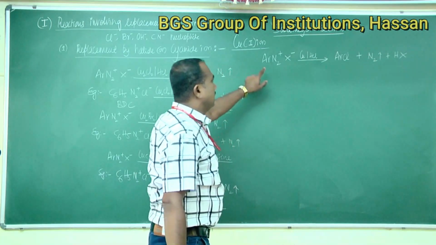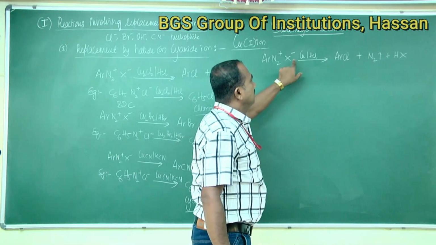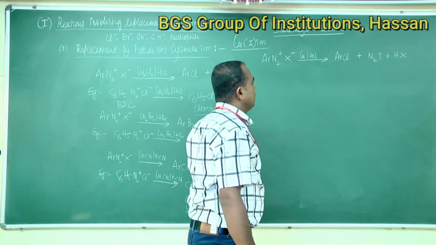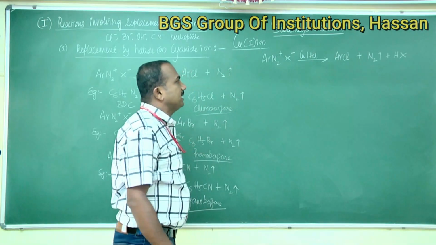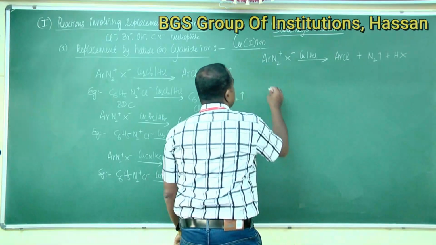So the nitrogen atom can also be substituted by using copper powder in the presence of hydrochloric acid, and we are going to get chlorobenzene.